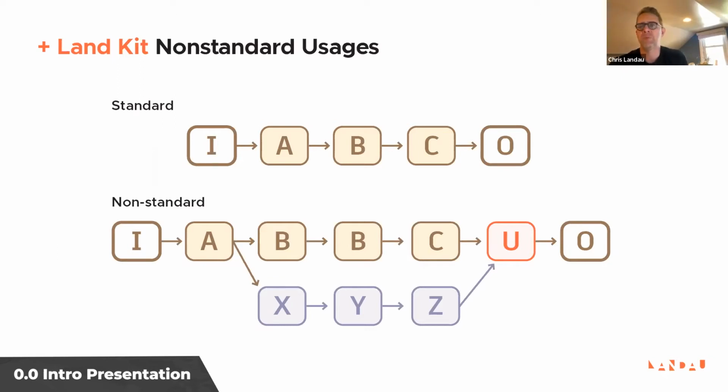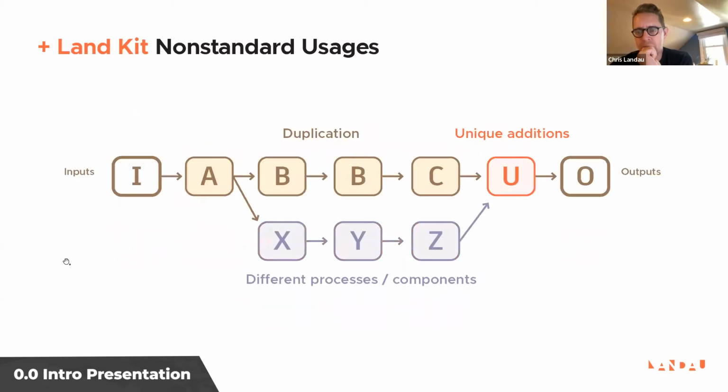You may have a series of inputs, a series of outputs, and a series of different components as well. But the standard workflow is typically a certain series of components in a particular order. And there are ways of expanding on that a little bit. Like in this non-standard workflow, for example, you can see how B repeats. And if we maybe go to the next slide.